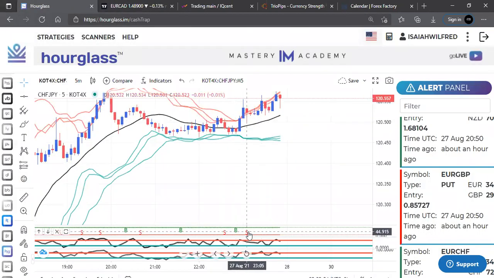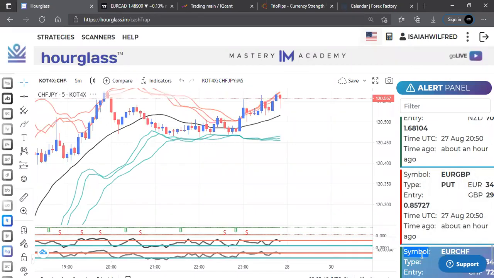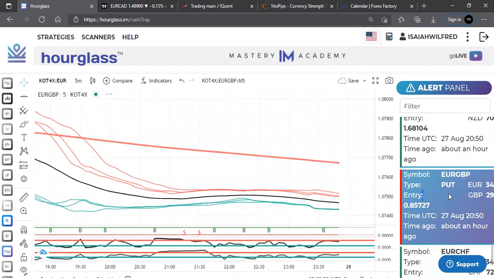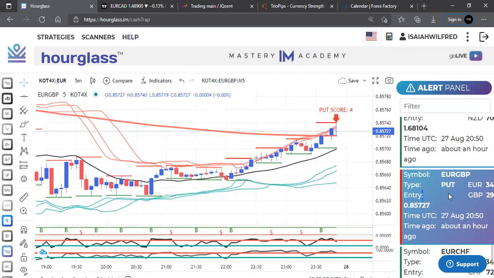You either get S or B. The B is green color, so it's an indication for buy. The S is red color, so it's an indication for sell. Let me look for an old trade that has to do with sell.